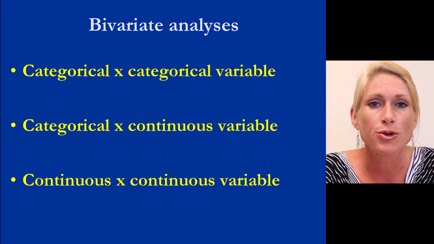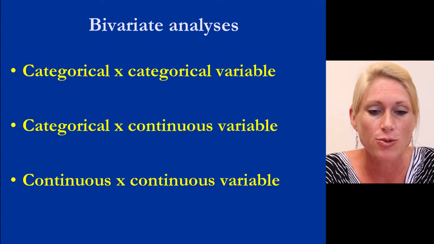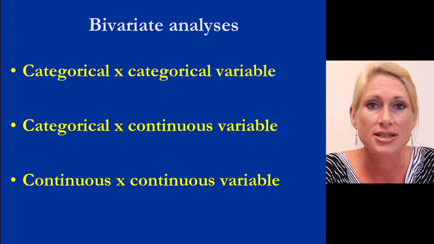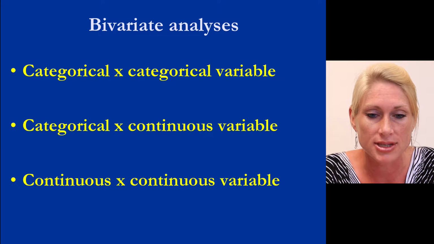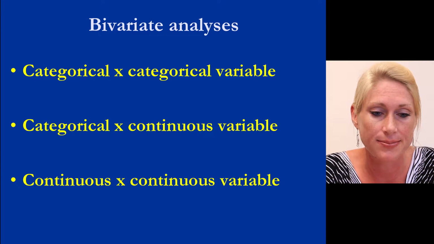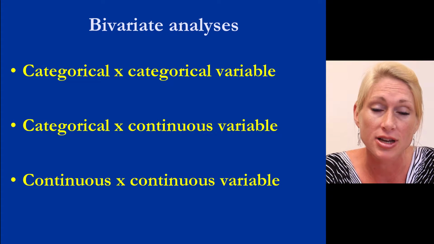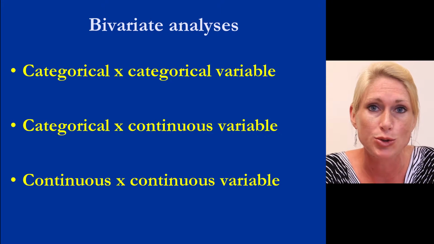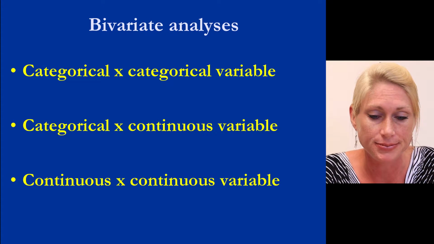Okay, so we've gone through a univariate analysis before where we analyse one variable at a time. In a bivariate analysis, we analyse two variables at the same time. And there are essentially three variable combinations that we can consider. We can consider the analysis of two categorical variables, a categorical with a continuous variable, and two continuous variables.